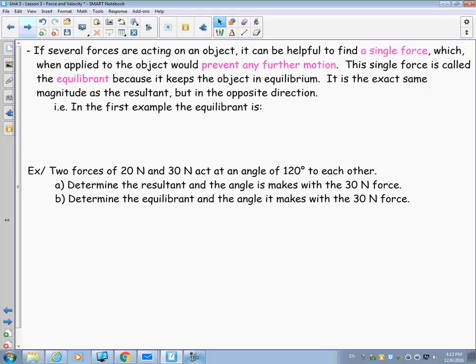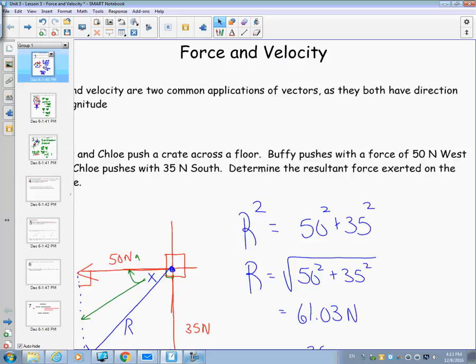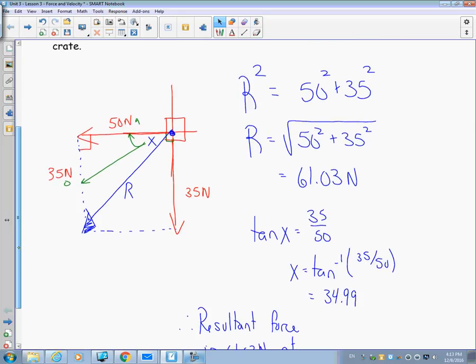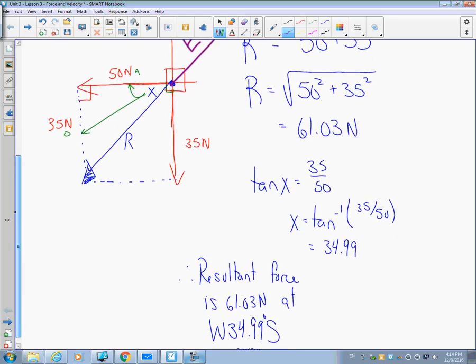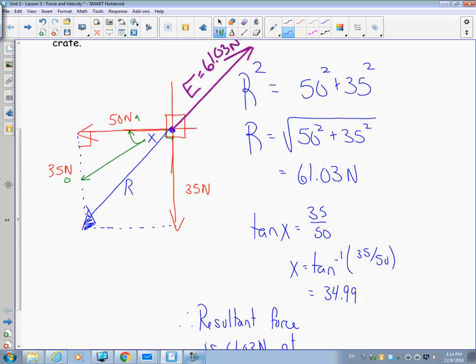So we went back to the very first example for a second. We looked at Buffy and Chloe, and we did not want them to move the box. We would have to apply a force in the opposite direction as the resultant. We'll call that E for equilibriant. And the equilibriant would be 61.03 newtons. But it would be the exact opposite direction that we started in. So in this case, instead of going west 34.99 south, notice this angle here would be the same because they're opposite angles, right?